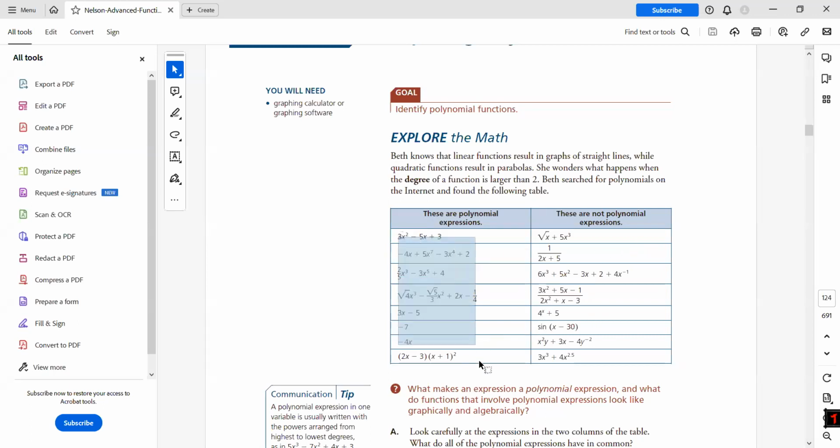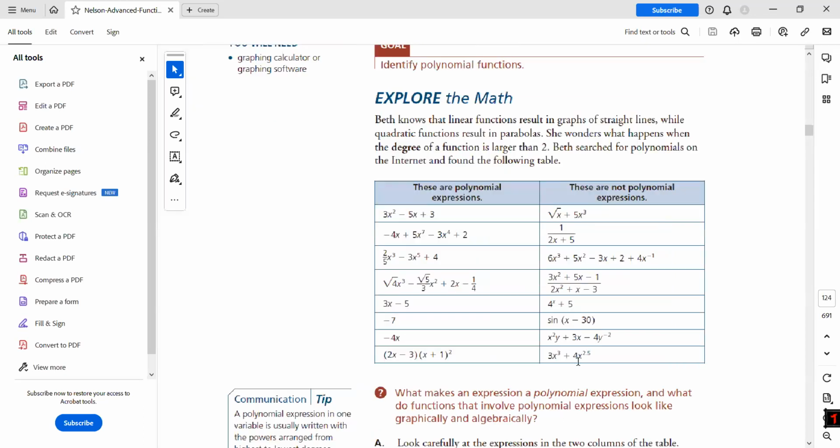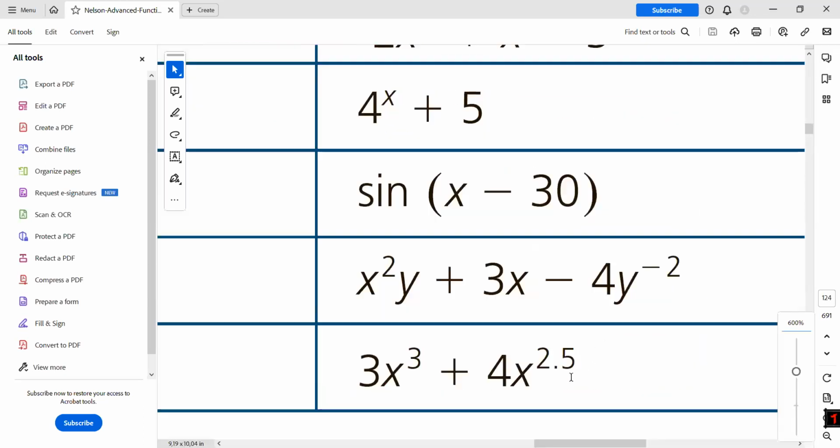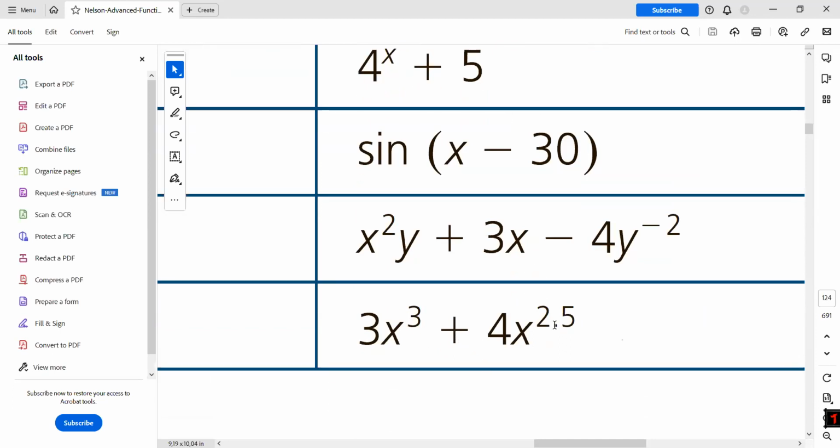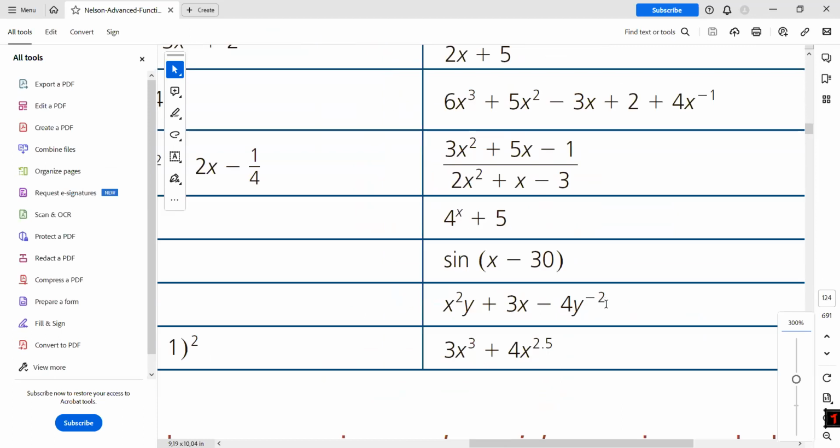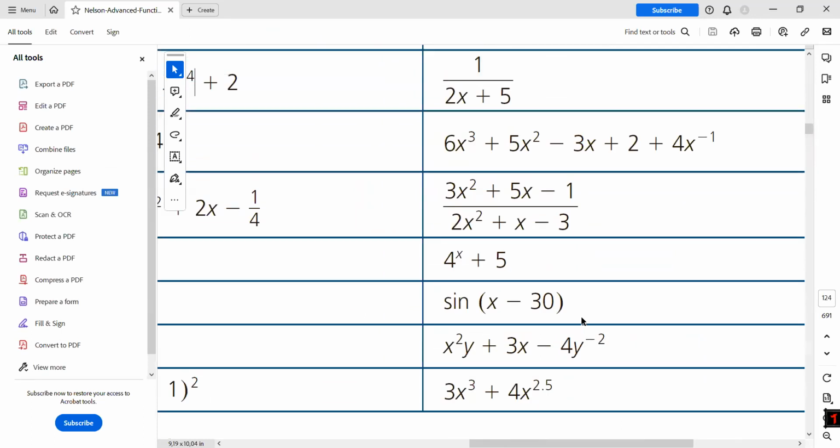Here you can see on the left-hand side polynomial expressions, and on the right-hand side not polynomial expressions. First thing first, when we have a fractional exponent, x to the power 2.5, if you see that in your function, it means it's not a polynomial expression. In a polynomial expression, we try to keep all the powers whole numbers.